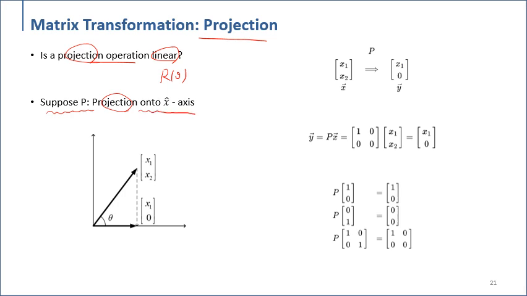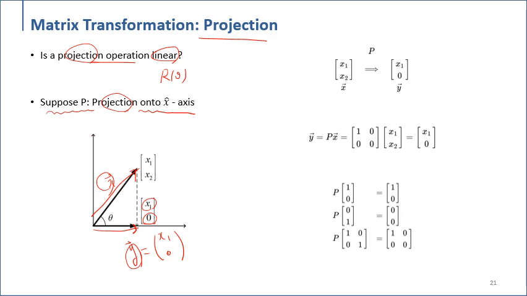In this graph, the original vector x projected onto the x-axis would be changed to x1 and 0, because the x and y vectors share the common x1 value, and its y component would be changed to 0.